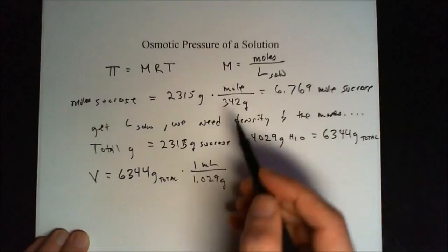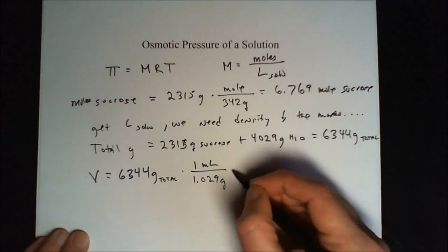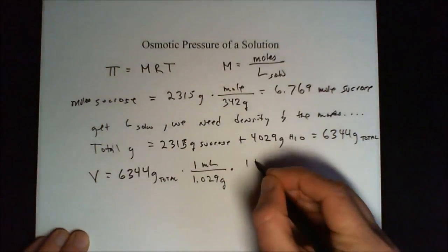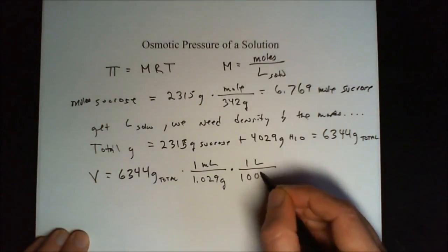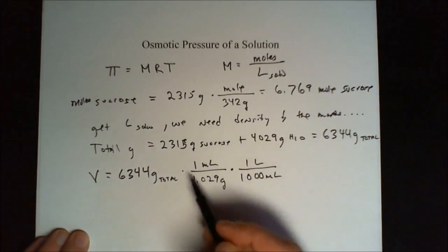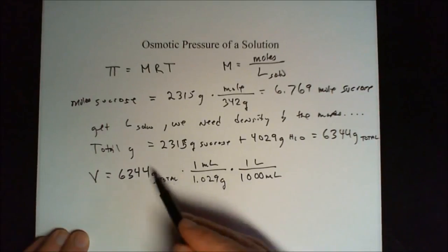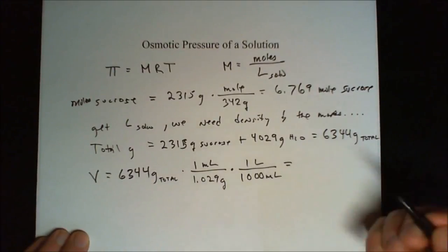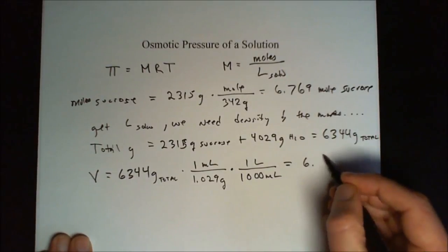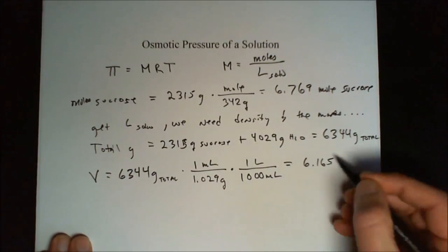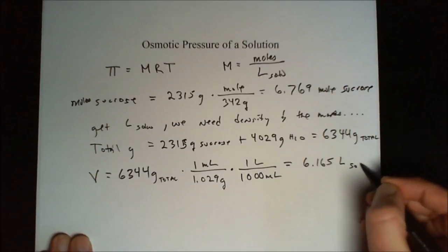And remember, we want this in liters, and this is milliliters, so we need to go ahead and take our milliliters to liters, and it's 1,000 milliliters equals a liter. We see that milliliters cancel, grams cancel, so we're left with liters, and that gives us, put it in our calculator, we get 6.165 liters of solution.